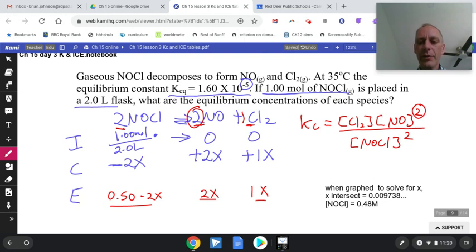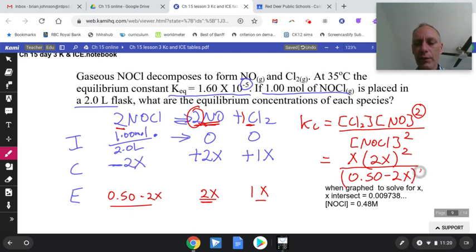Okay, so we substitute into this and we get Cl2 is x, NO is 2x squared. Again, this is one students always forget, is that squared, and then everything is wrong after that point. And this one is 0.50 minus 2x squared, and we'll bracket the entire denominator.